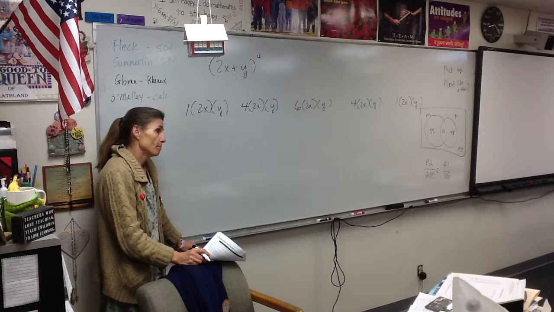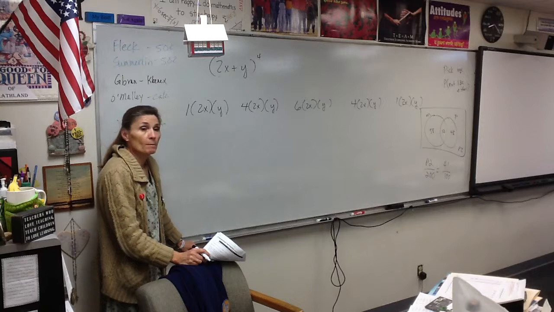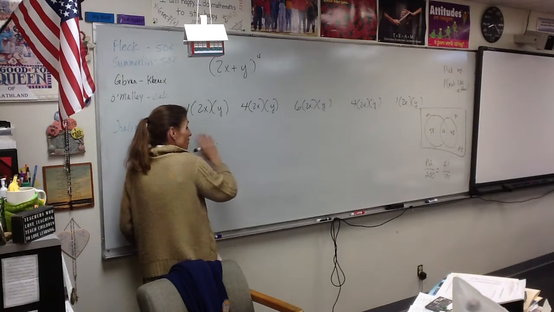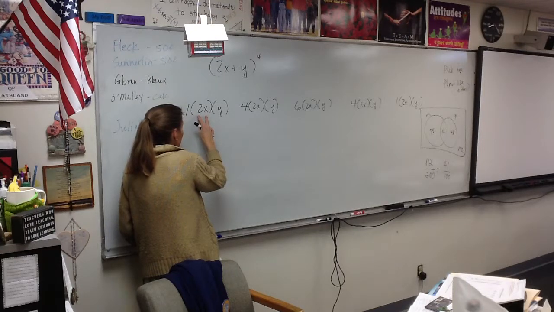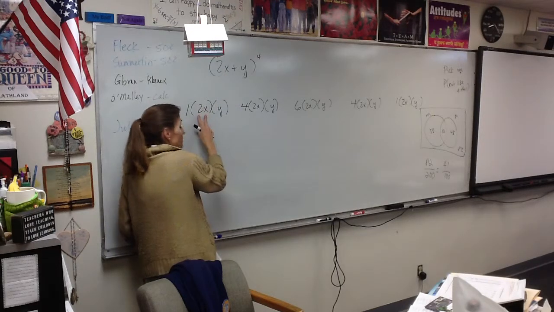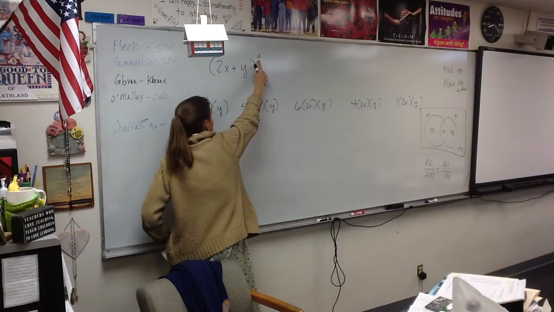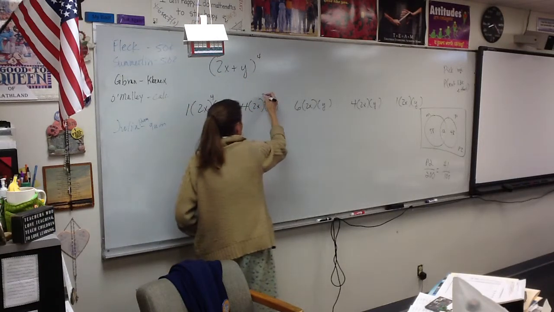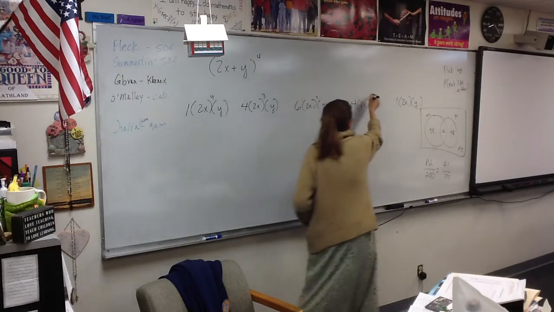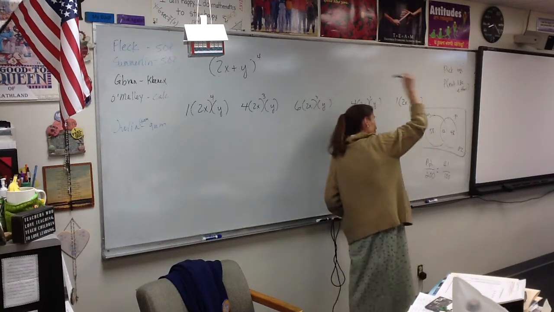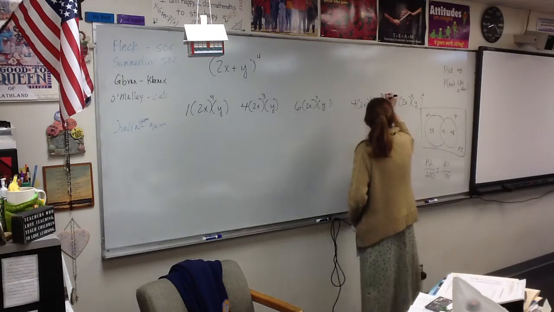Next step. We're going to put the exponents on. I remember that if I were to multiply all this out, the exponent on the first variable, 2x, would start out as 4 and then go down. And the second variable, the y, goes the other way.